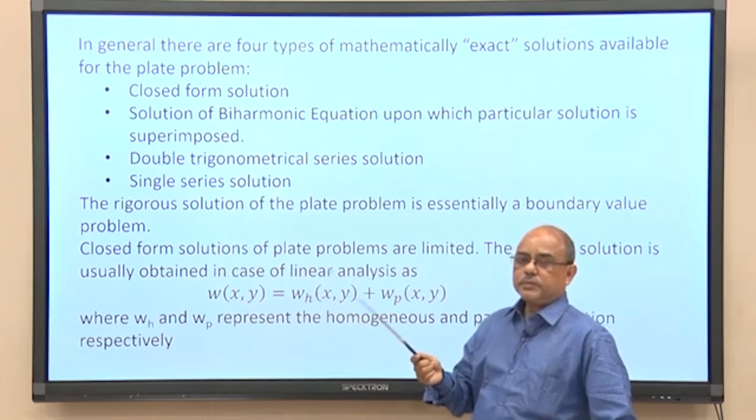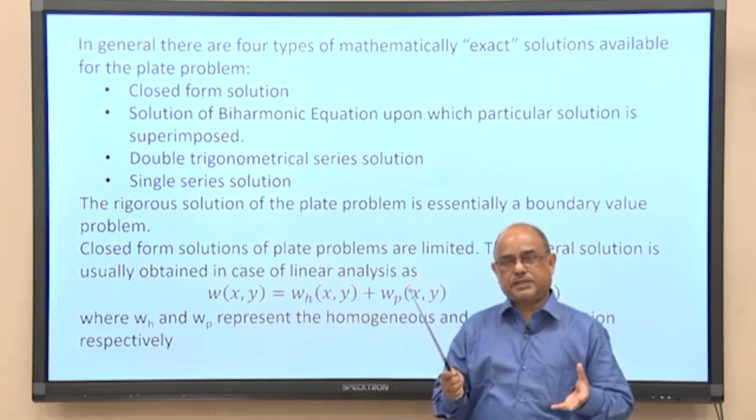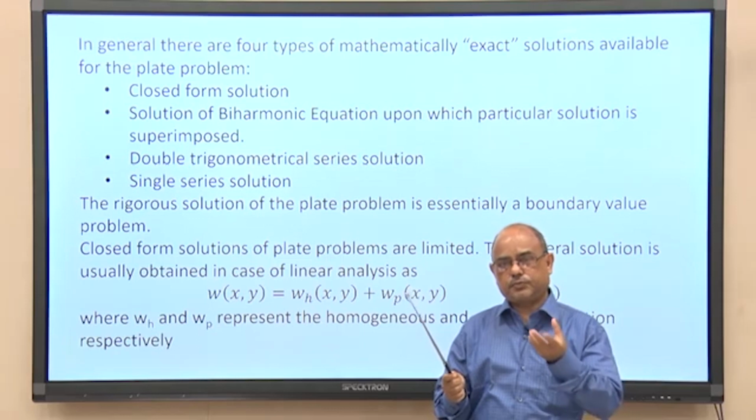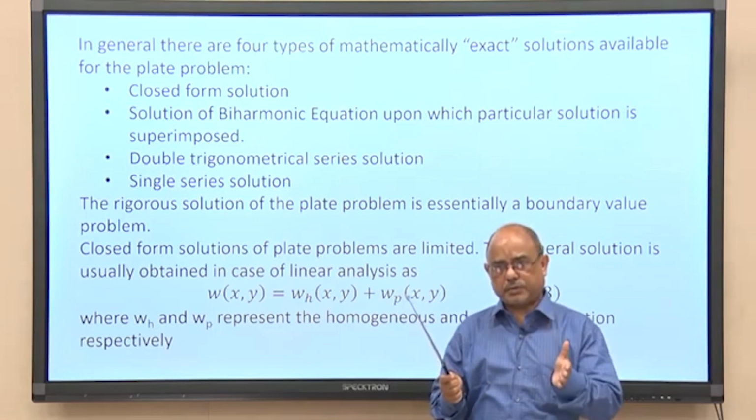Now, in certain cases the trigonometric series provide very useful tool or very useful way of finding the exact solution of the plate problem for specific boundary conditions or for specific loading.